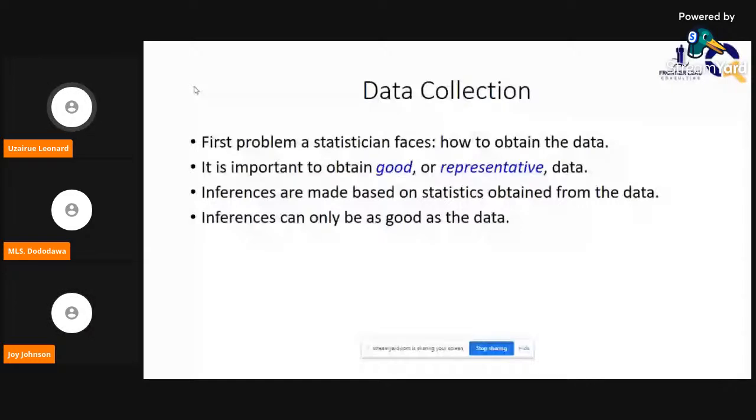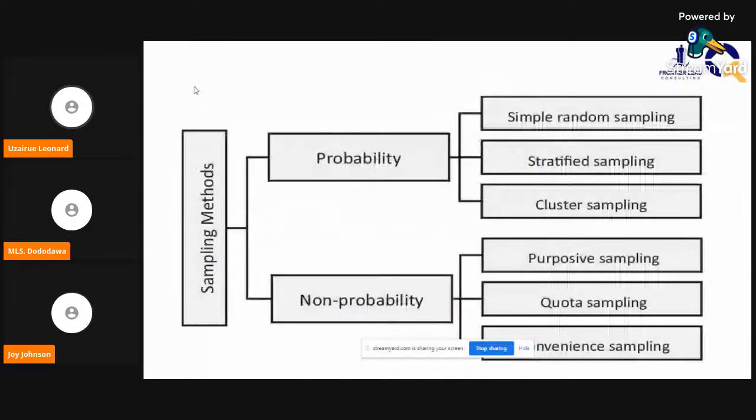And because you cannot collect data from the whole population, you sample the population, and those samples have to be very representative of the population so that you can make inference from them. So we want to look at sampling methods now.